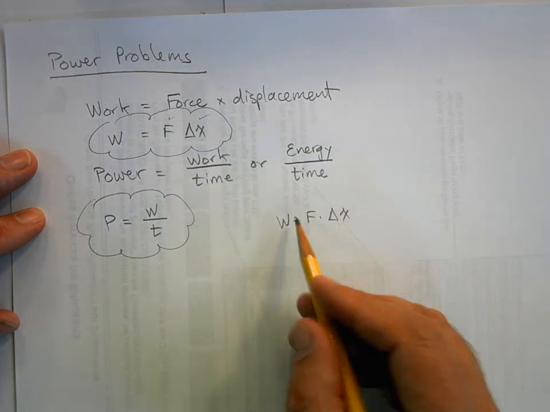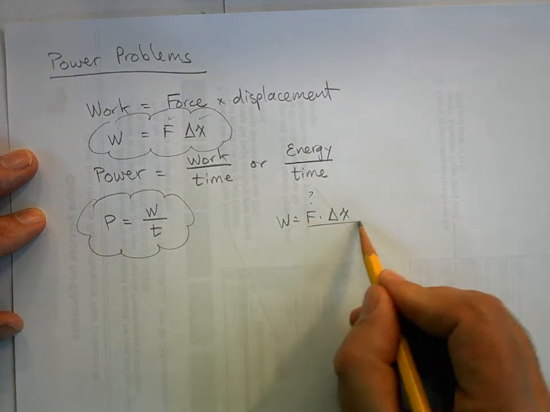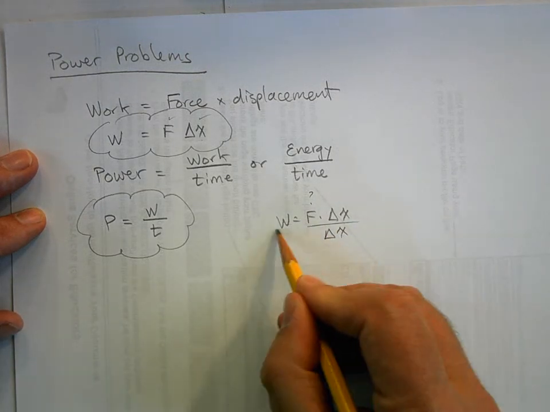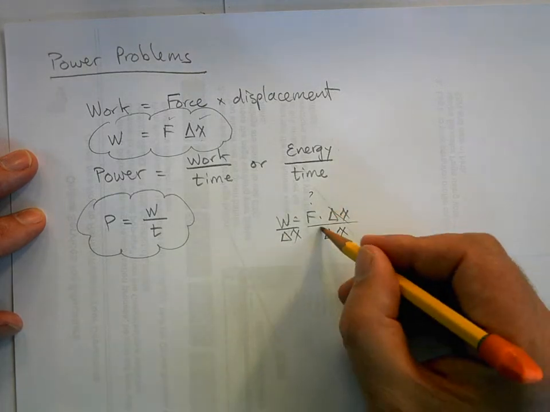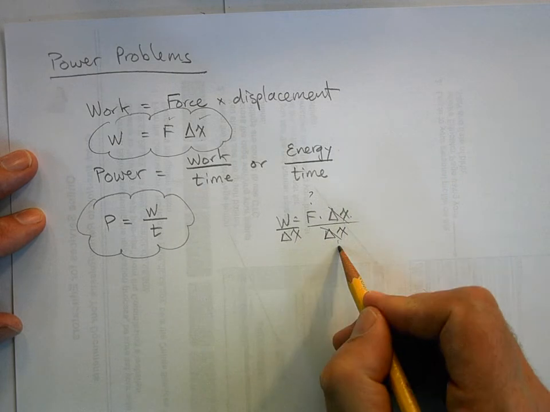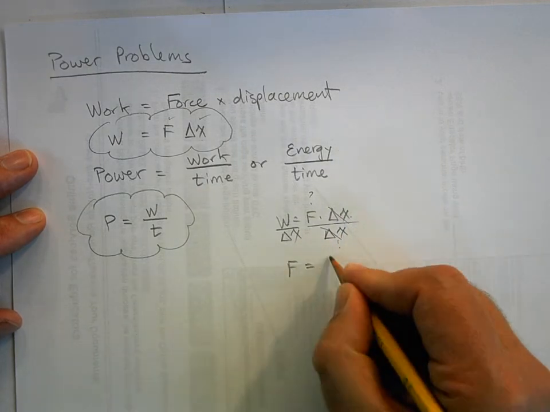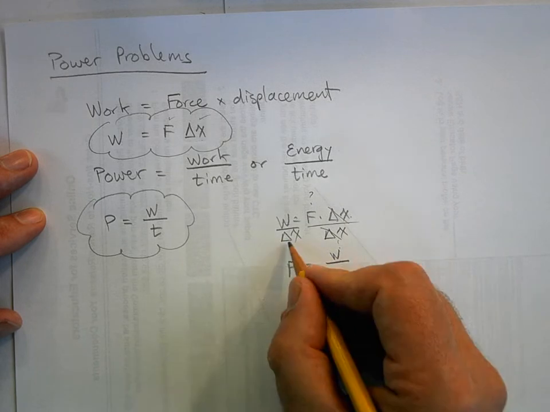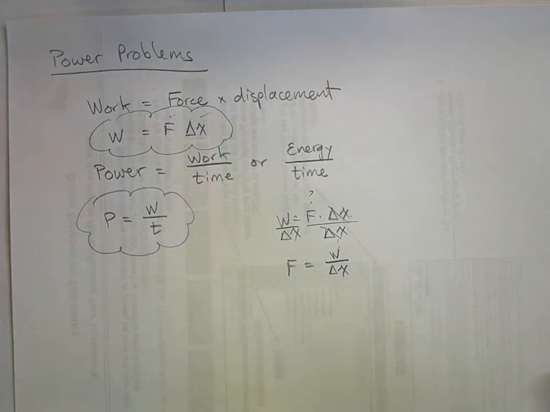And if force is your unknown, you just divide both sides by delta x, which algebra lets you do. Delta x divided by delta x is 1, so it cancels out. And you get force is equal to the work done divided by my displacement. Okay, simple algebra 1.